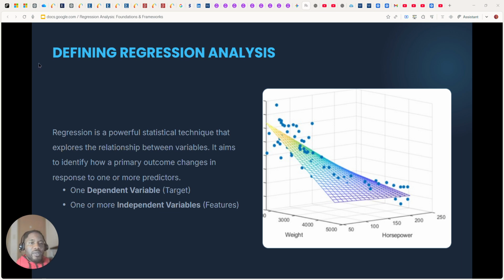Examples can be exam score, sales revenue, firm productivity, and employee performance. So in a simple way to understand this, independent is input, dependent is the output.